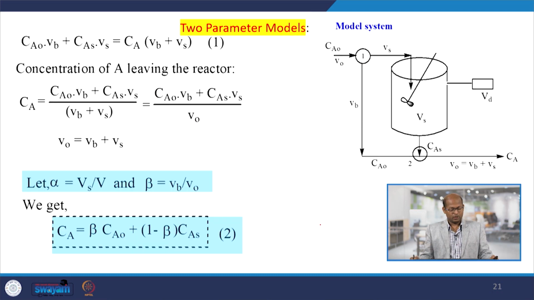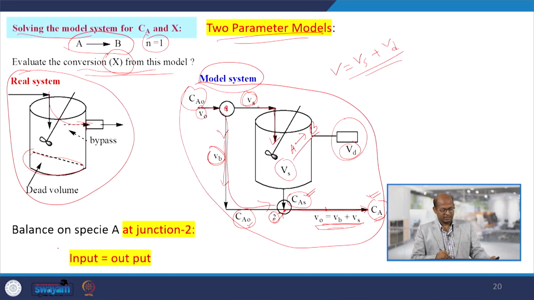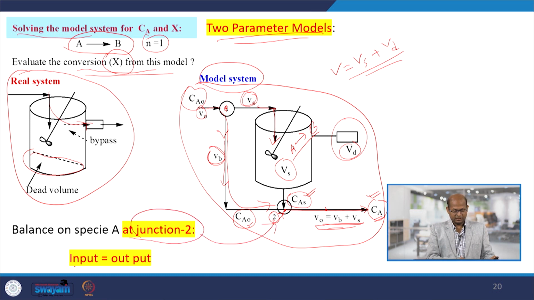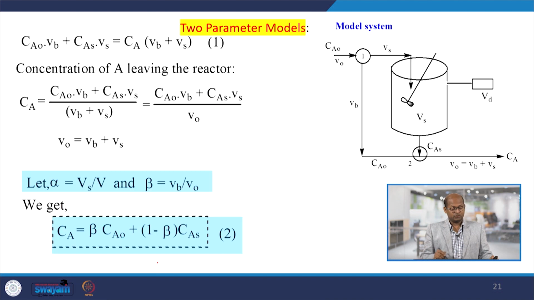First we do a material balance at junction 2, at this particular point: input equals output. The input is Ca naught into Vb plus Cas into Vs, and that equals Ca into Vb plus Vs. This is in, this is in, this is out.